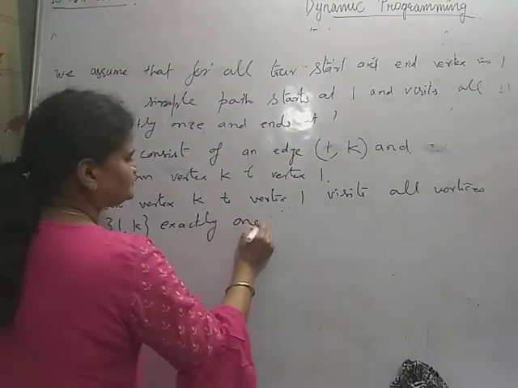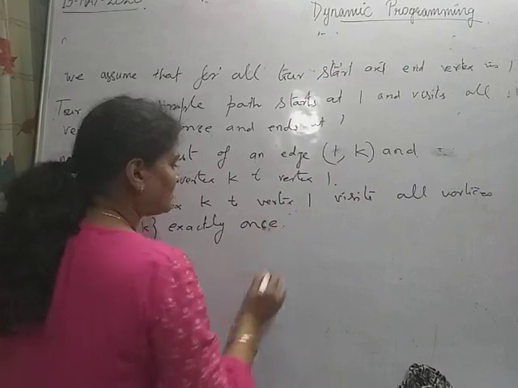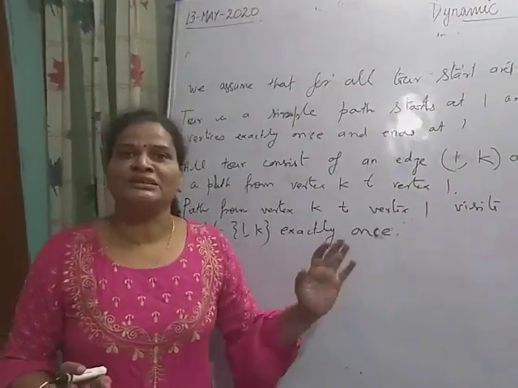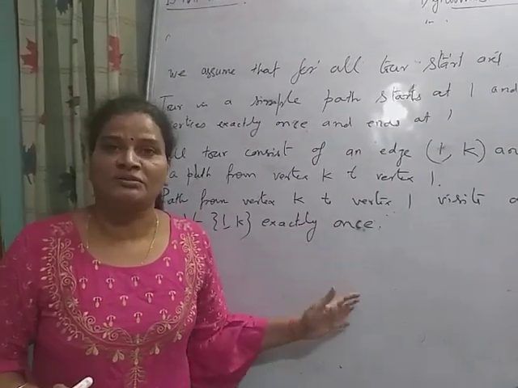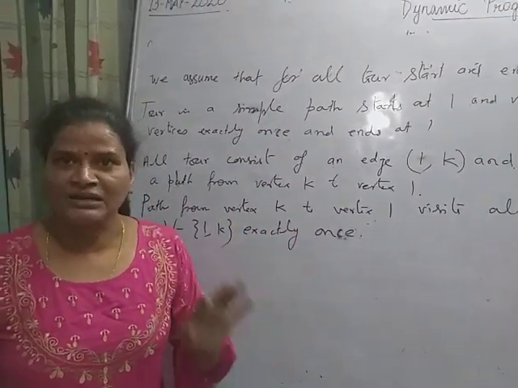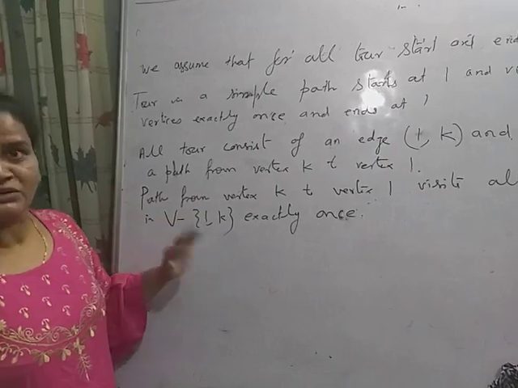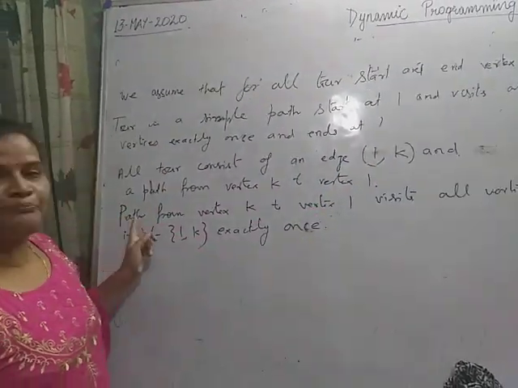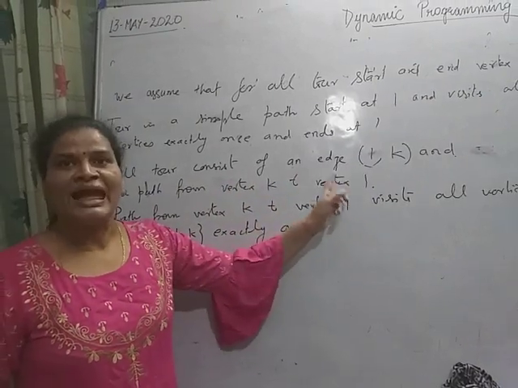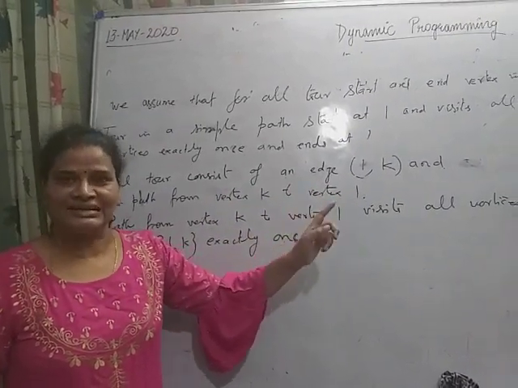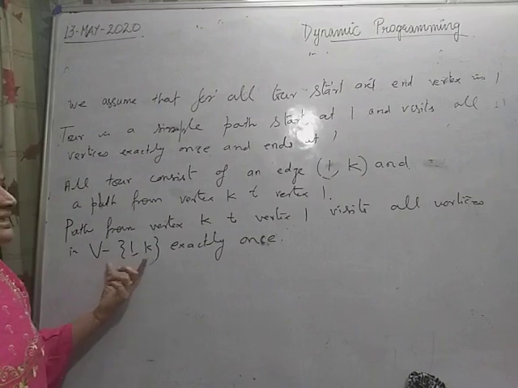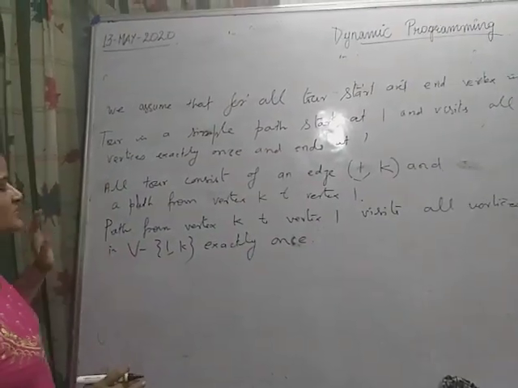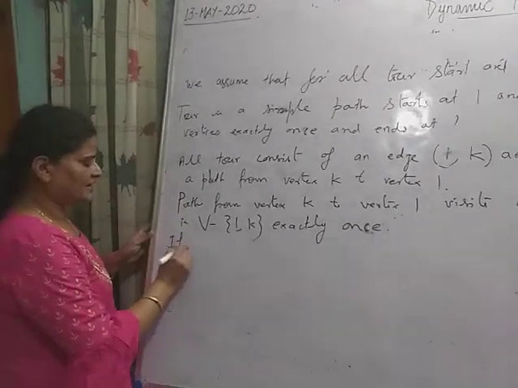Okay, exactly once. Now I will see whether the principle of optimality holds here or not, to solve this problem using dynamic programming. So every tour consists of an edge 1k and the path from k to 1, and that contains all the vertices in this set exactly once. So suppose the tour is optimal.